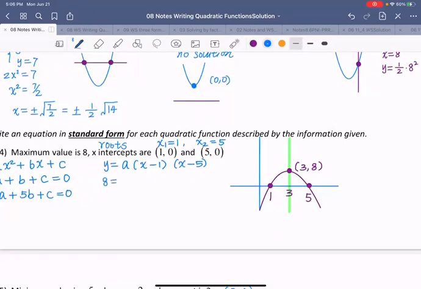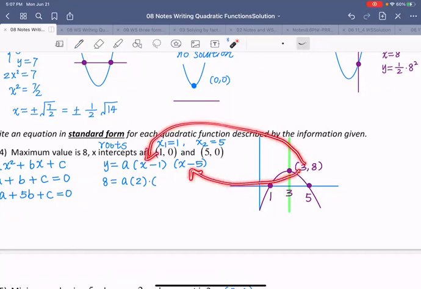8 equals a times (3 minus 1), which is 2, times (3 minus 5), which is negative 2.